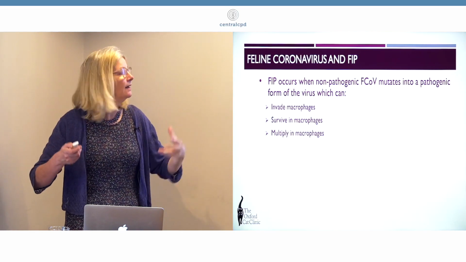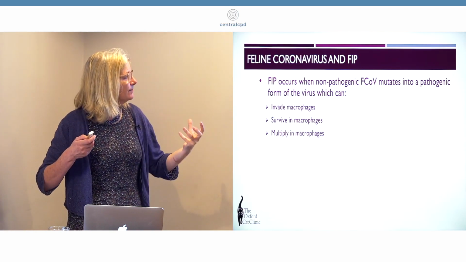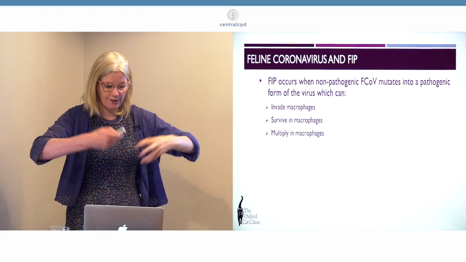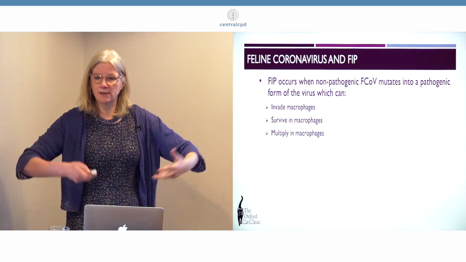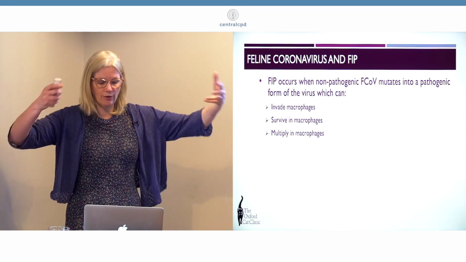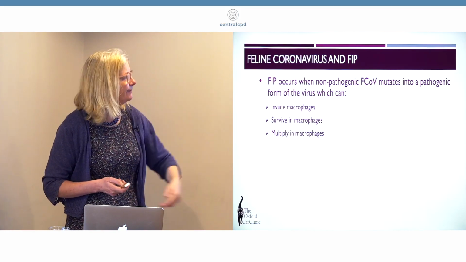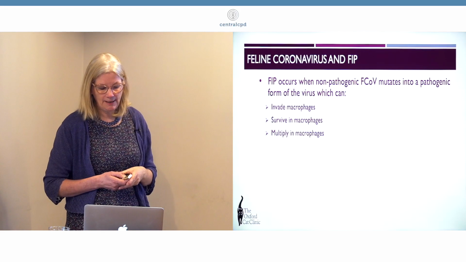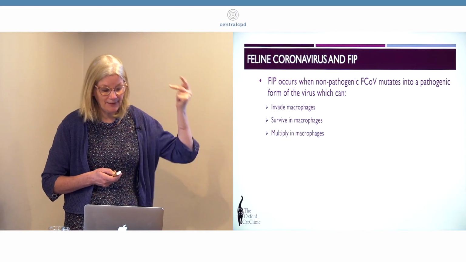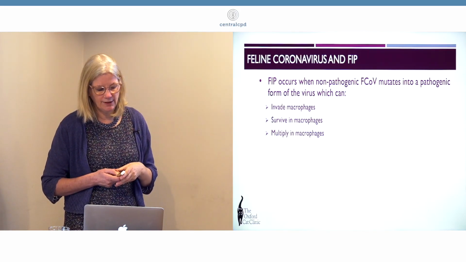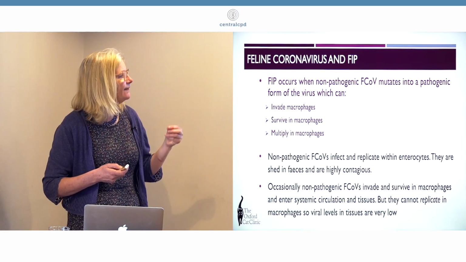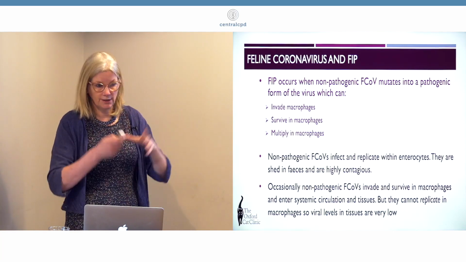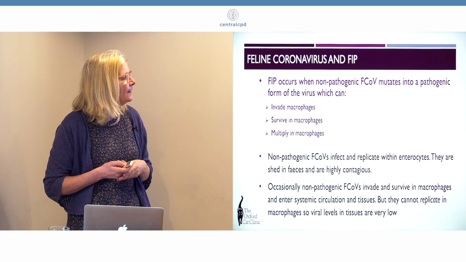And that's where, when it sets up some local inflammation and macrophages are recruited, it's able to multiply, spread, build up and generate the cascade of inflammatory changes which are FIP. So invade, survive and multiply in the macrophages. And once it can do that, then it has access to the general systemic circulation.